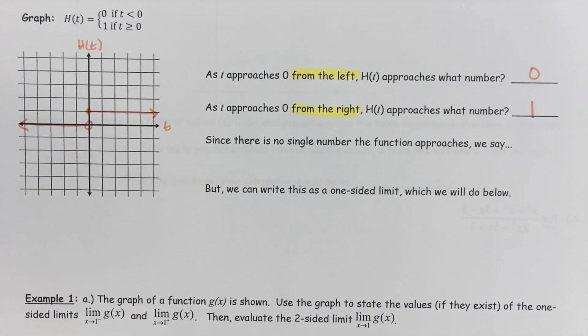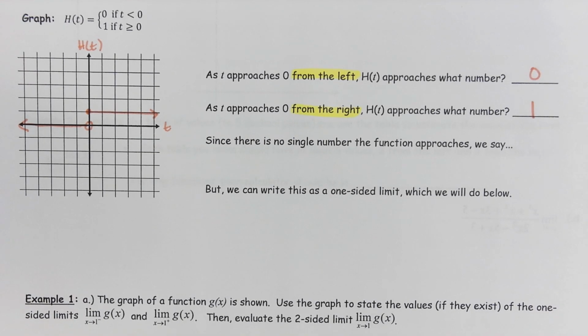Okay, now if that happened on a two-sided limit, that's when we would say that the limit does not exist, right? Because it's going to two different places. So if one side's going to 0 and one side's going to 1, okay, that's when the limit does not exist. So that's what we're going to write for the next one.